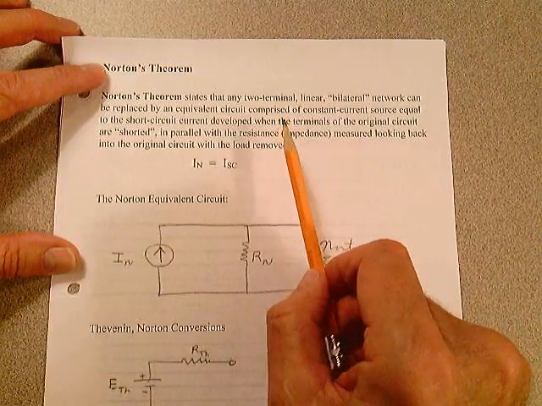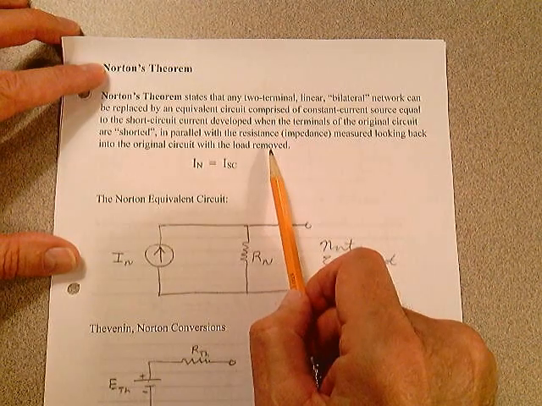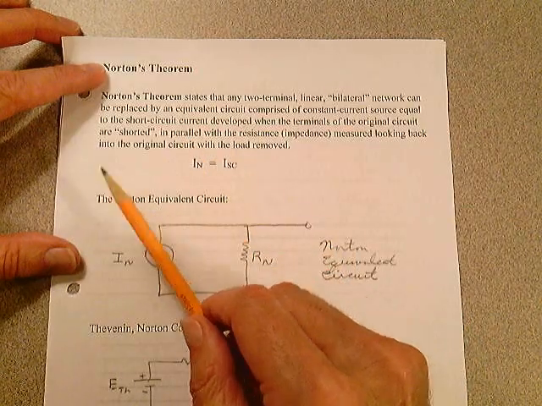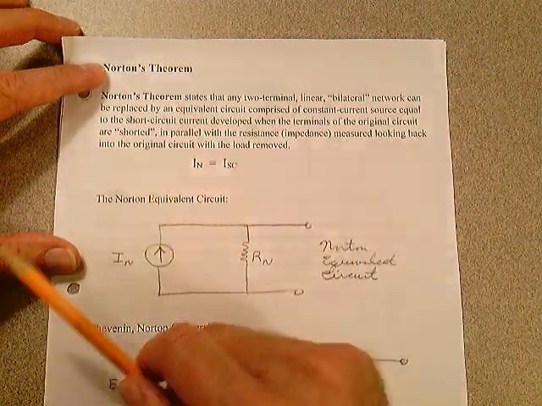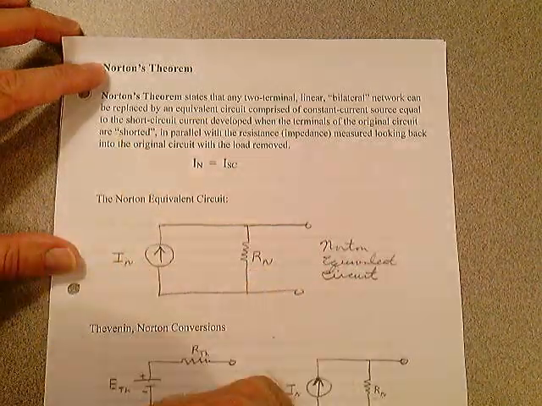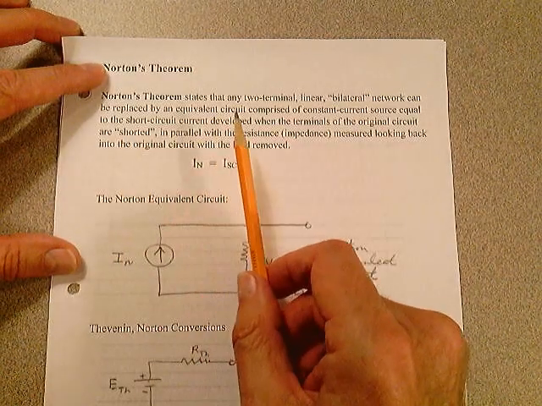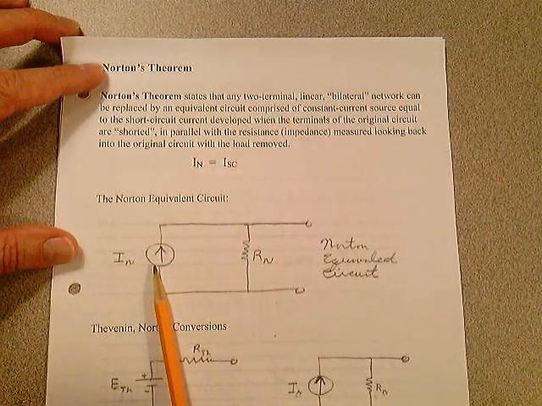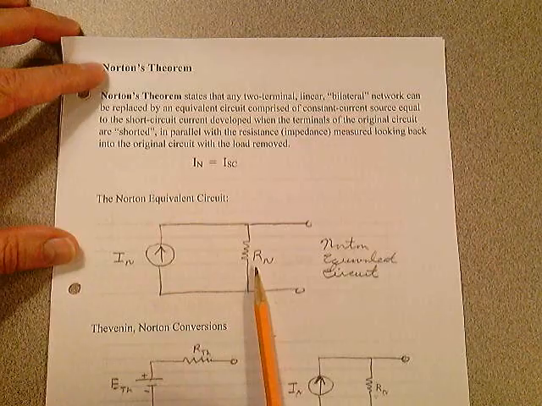Remember, with Thevenin's theorem, we replaced the circuit with an equivalent circuit with a voltage source and a series resistance, called a Thevenin resistance and a Thevenin voltage. Here, we're replacing the equivalent circuit with a current source and a parallel resistance.